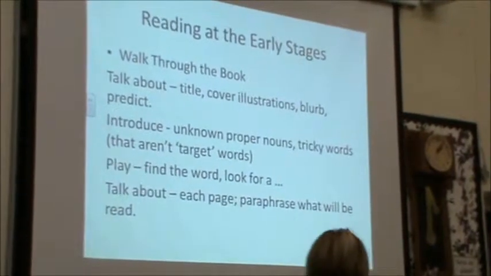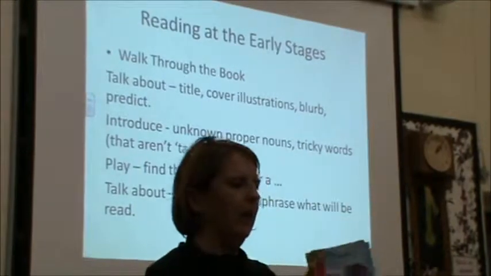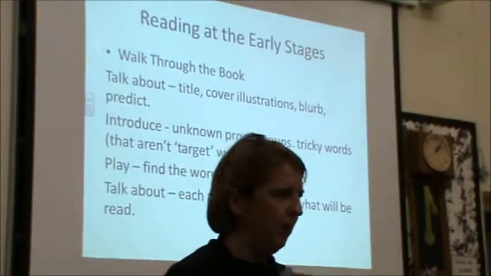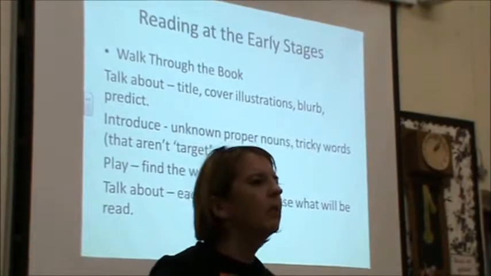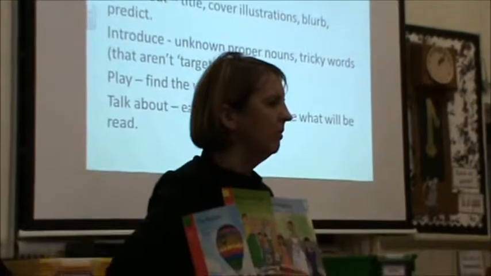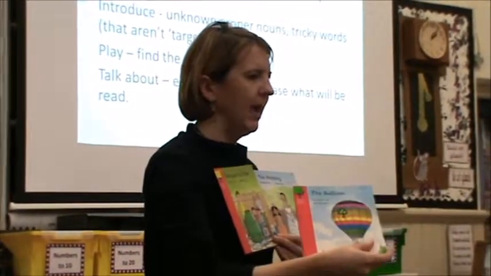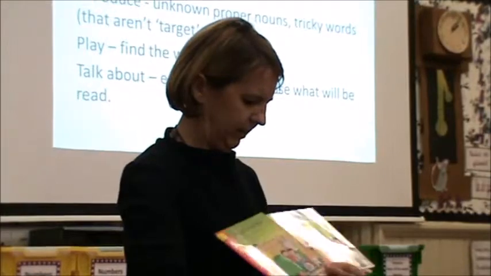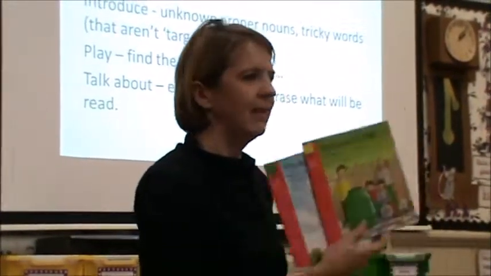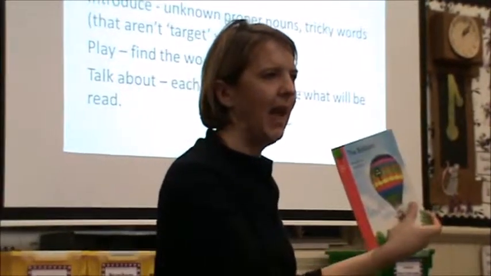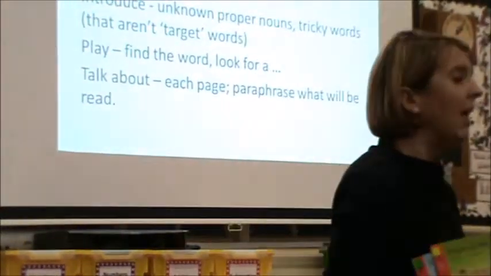So for instance, I'll just use these 3D. Let's get a trick question. Is the vocabulary in each of these books going to be similar? No, because that's about a hot air balloon. That's about everybody getting wet. Unless they were up in the air and the heavens opened, they're not going to get wet while in a hot air balloon.